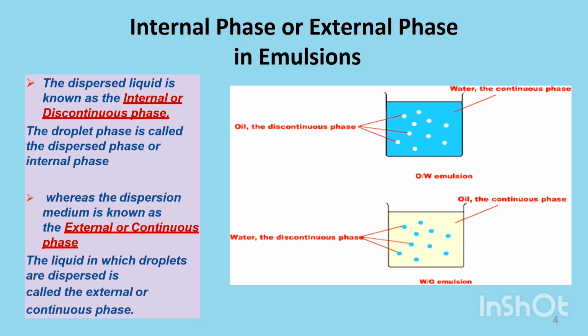In the second picture you can see the water molecules over here are dispersed as small globules onto the oil phase. So here we have prepared water in oil emulsion. That means water globules are distributed onto the oil phase.